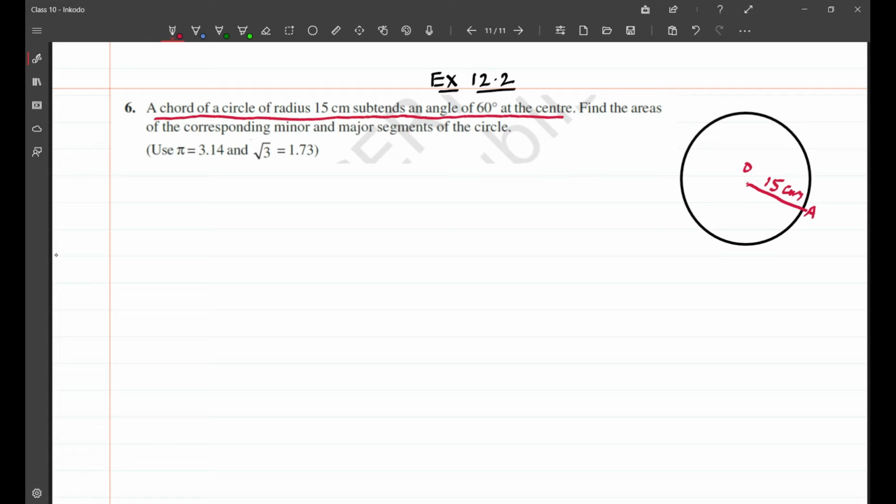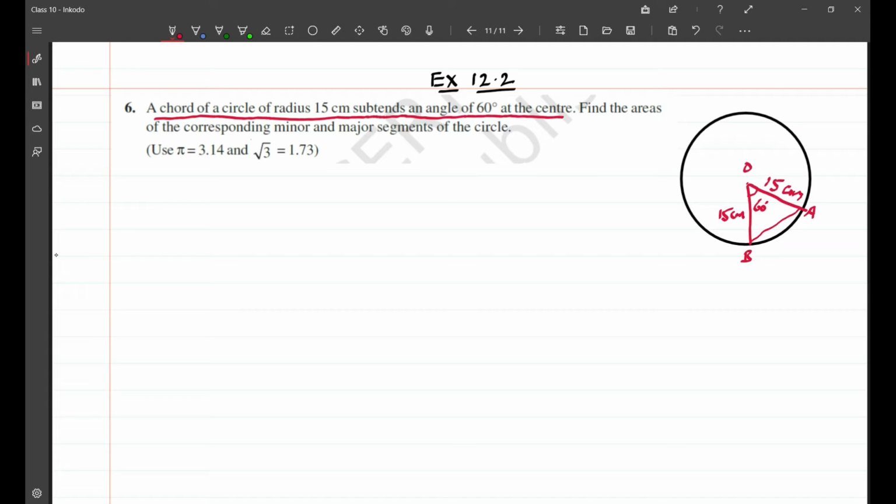So I am drawing OB as 15 centimeter. Then I will join AB. AB is subtending 60 degree at the center. Find the areas of corresponding minor and major segment of this circle.